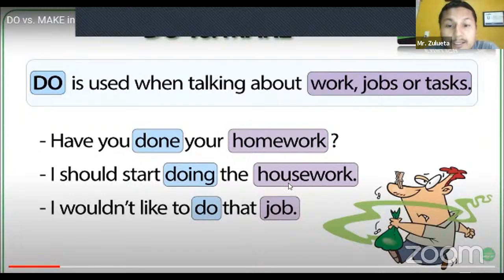Housework, trabajo de la casa, also understood as los quehaceres. So these are the three contexts in which I can use the verb do: to work, for jobs, or for tasks. Do the homework, do the housework, or do the chores, or to do a job.